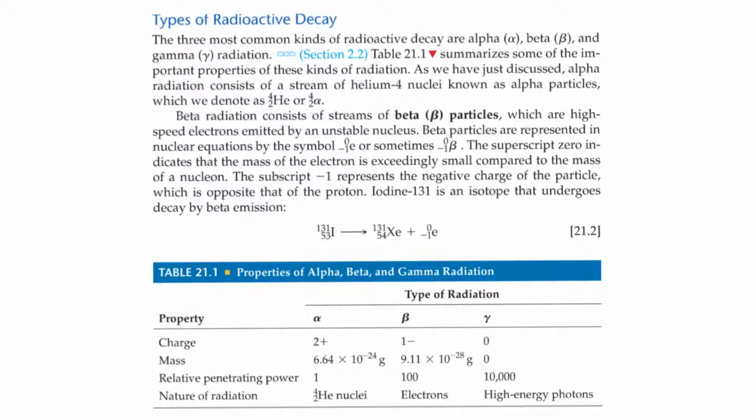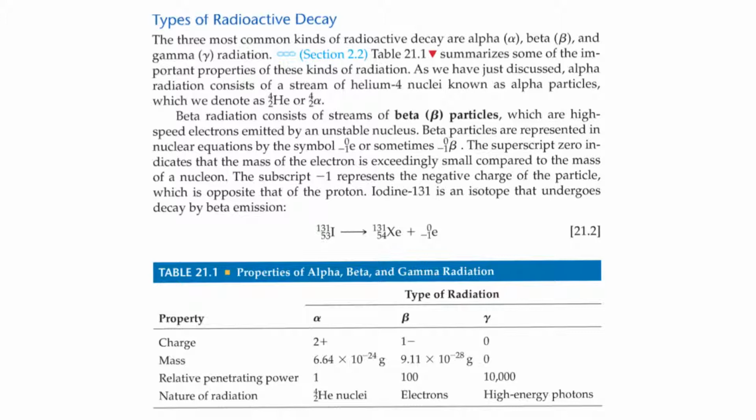Beta radiation consists of a stream of beta particles, which are high-speed electrons emitted by an unstable nucleus. Beta particles are represented in nuclear equations by the symbol electron with superscript 0, or sometimes beta with superscript 0. The superscript 0 indicates the mass of the electron is exceedingly small compared to the mass of a nucleon. The subscript -1 represents the negative charge of the particle, which is opposite to that of the proton.